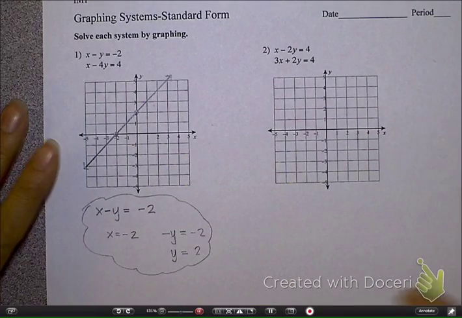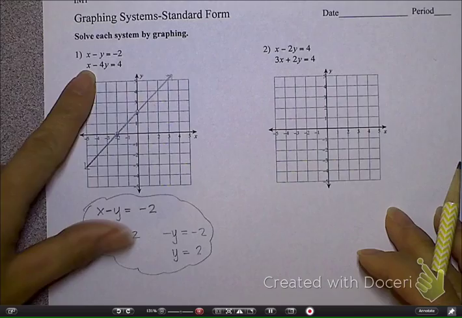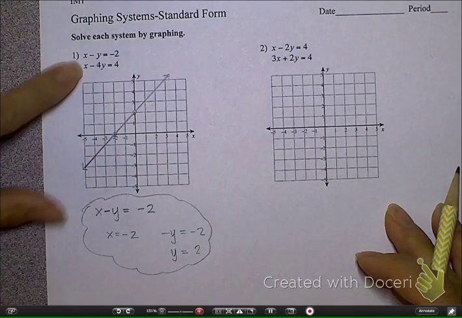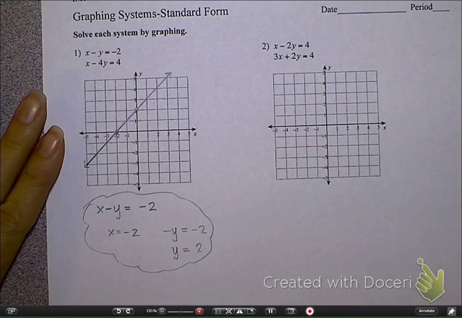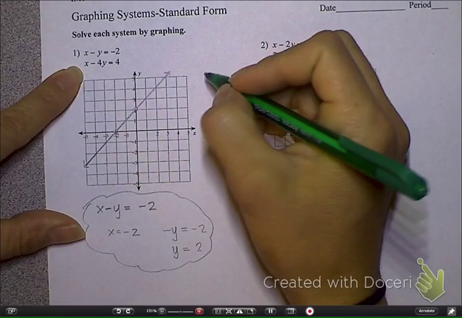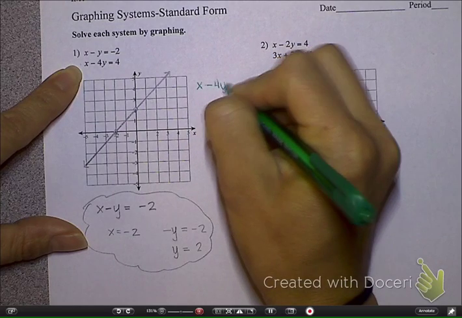Let's now take a look at equation number 2. It's this one right here. If I cover up and solve, it's going to work out pretty nicely in the second one also. For the second one, my equation is x minus 4y equals 4.